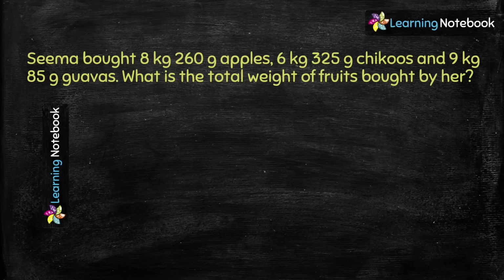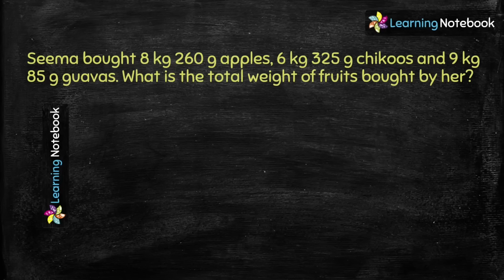Seema bought 8 kilogram 260 gram of apples, 6 kilogram 325 gram of chickus and 9 kilogram 85 gram of guavas. So what is the total weight of fruits bought by her?